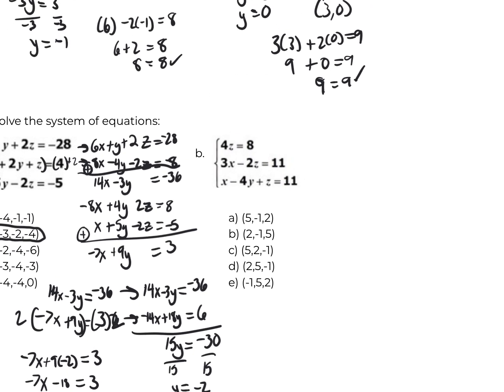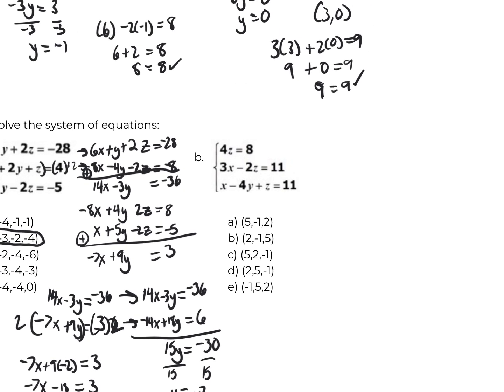All right, so going on to the next one, 4z equals 8. I can get z by itself just by dividing both sides by 4. And so z, therefore, has to be 2. So it could be A or E. All right, well, given that information, I can go ahead and eliminate B, C, and D. Now I can take the z as 2 and plug that into either of my other equations.